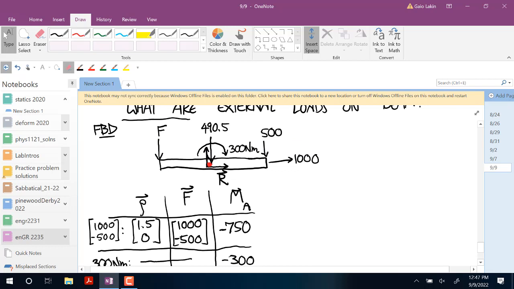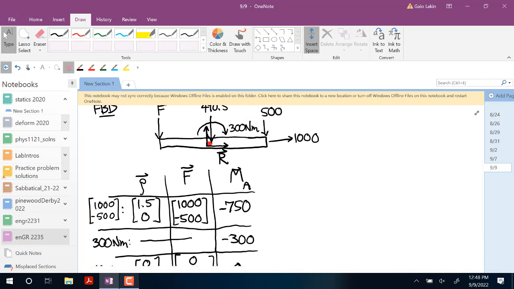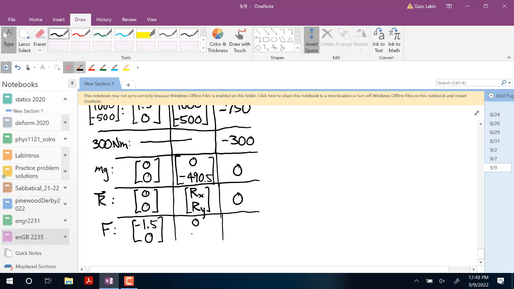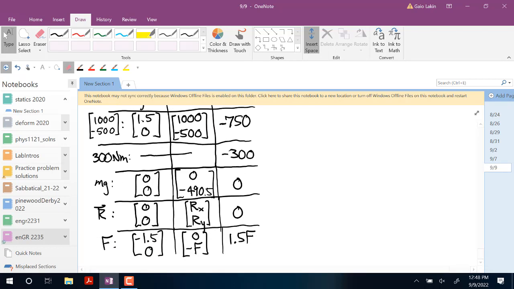What's the rho vector for the force F? Yep, perfect. Negative 1.5, 0. The force vector is 0, negative F. So the cross product is positive 1.5 F. And now we have this complete table.